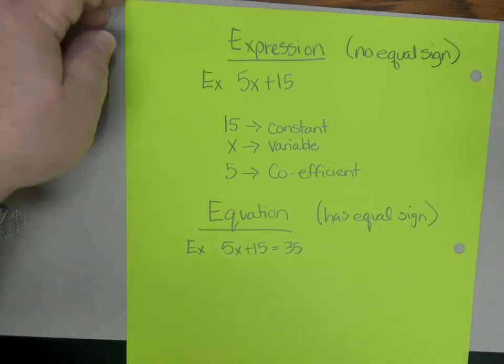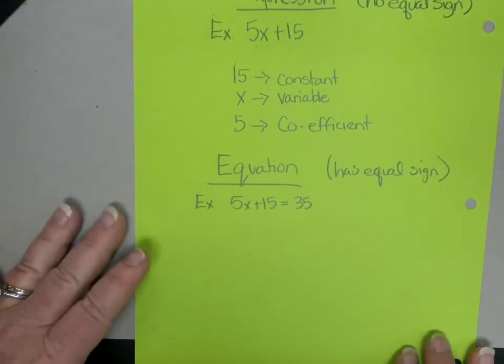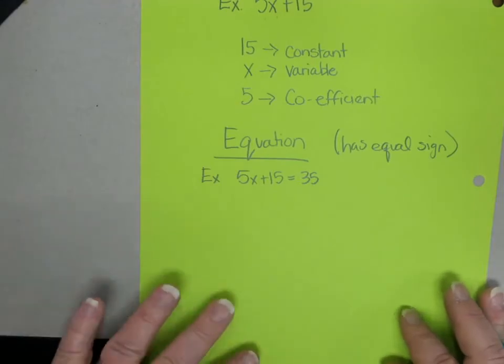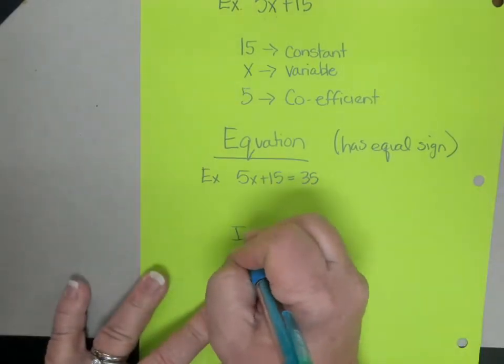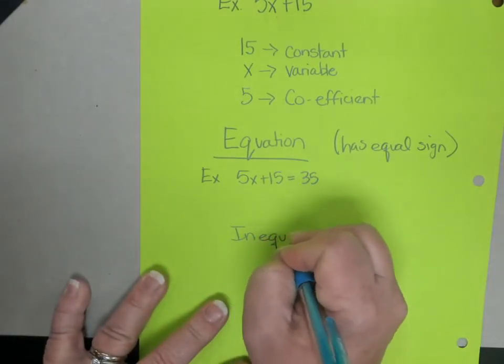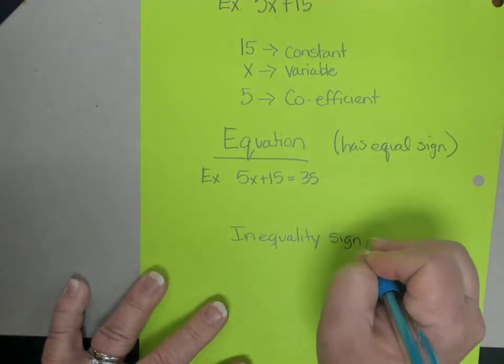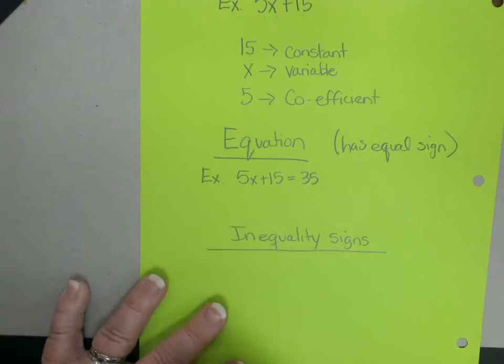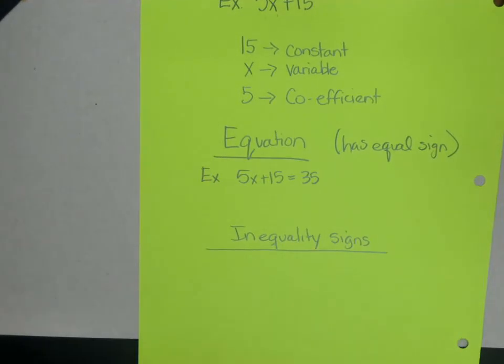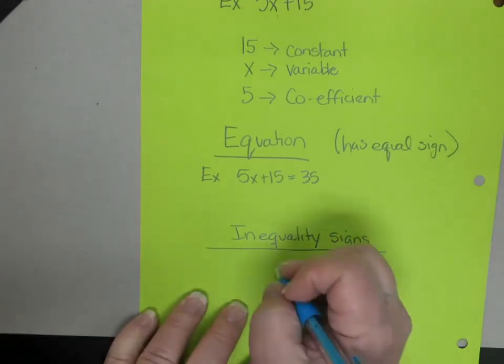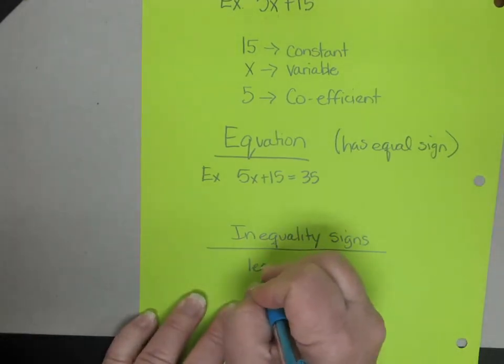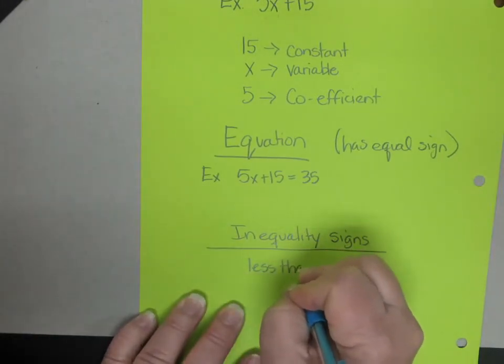The last couple of things I want to go over, because they will start coming up, are inequality signs. And for some reason, students struggle with what these are and what they mean at times. Let's start with the less than sign.